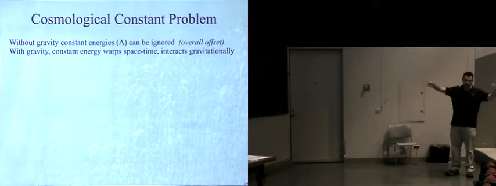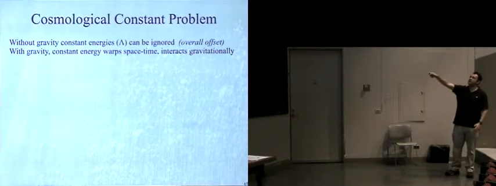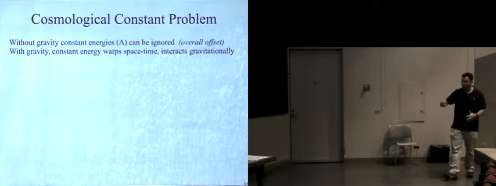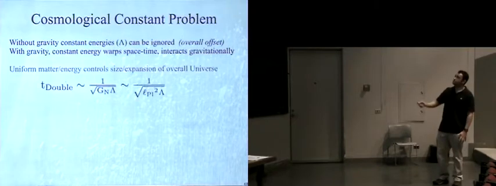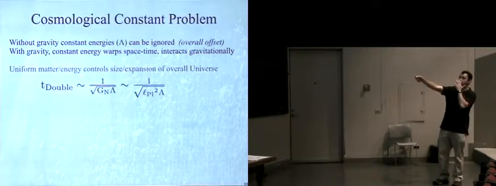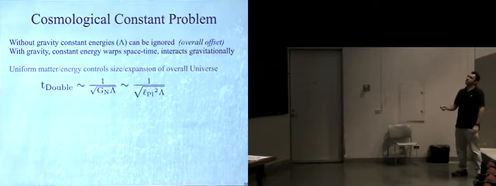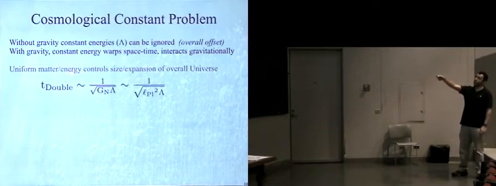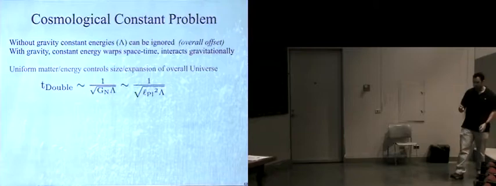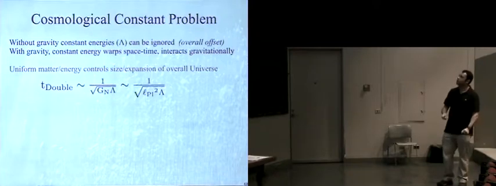And so if you have this constant energy or constant mass, its main effect is to govern how the universe itself changes. We could work this out easily if there was more time. But basically, uniform matter and energy controls either the size of the universe or the expansion rate of the universe. So how fast it's expanding, or the size if it's not expanding.